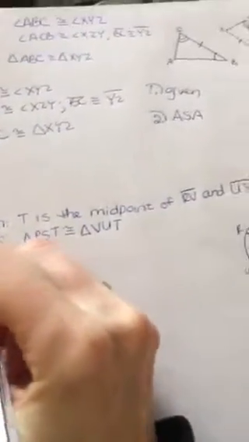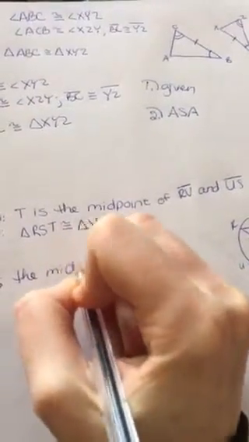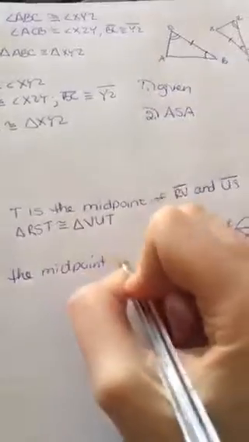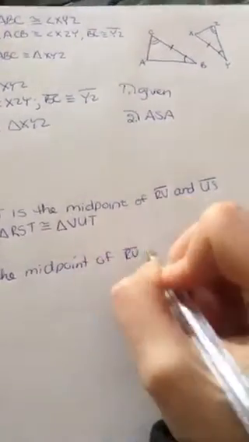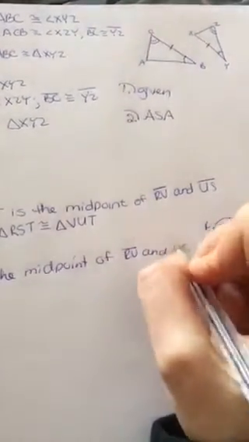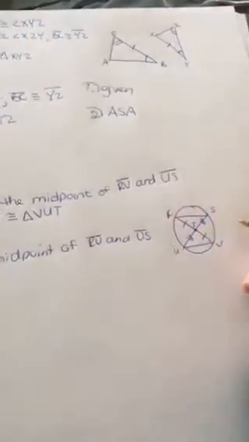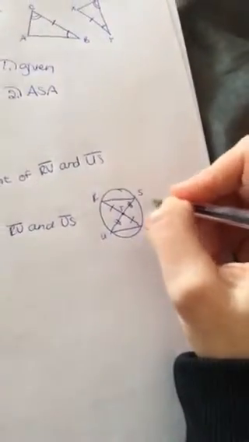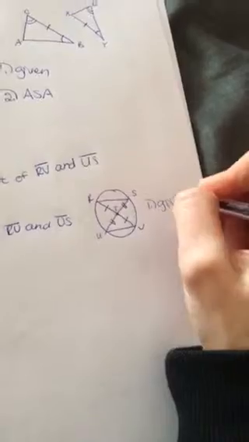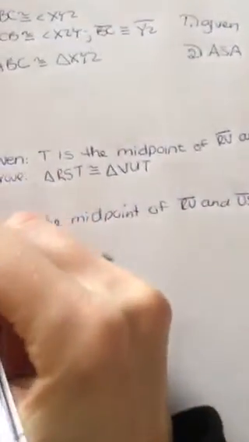All right. So for number 1, I have T is the midpoint of RV and US. Oops, yes, I have to do this over here because I wasn't watching the paper. I was watching the screen as I was doing this. And that's given.